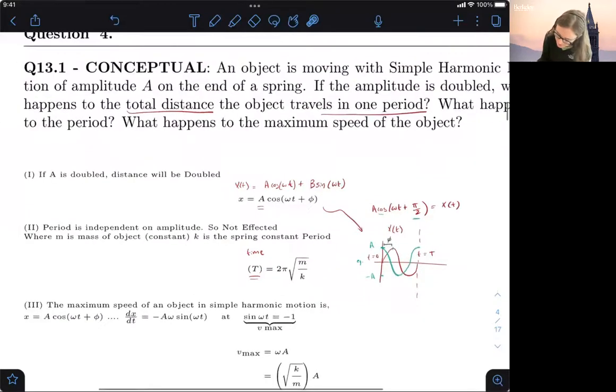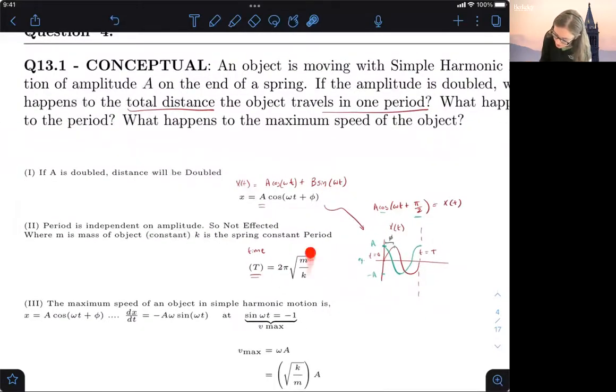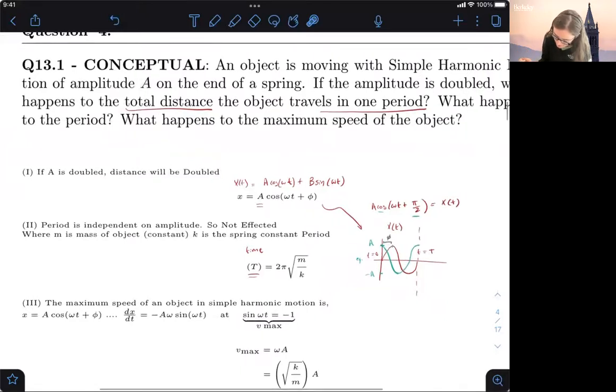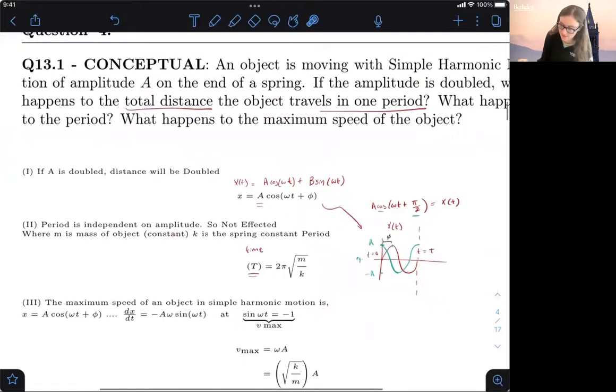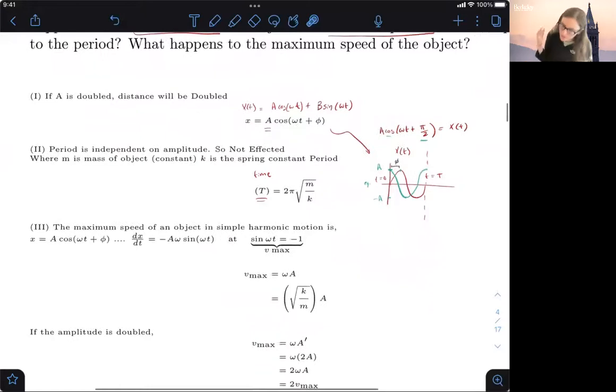T is our period here, and this is our general equation for T, rearranged. We notice that it's not dependent on the amplitude, so the amplitude doesn't affect how long it takes to complete an oscillation. What does affect it is the mass and the spring constant. So we know that our amplitude change does not affect that.